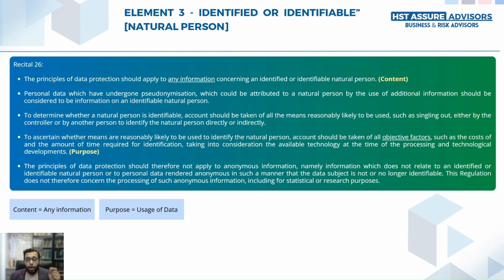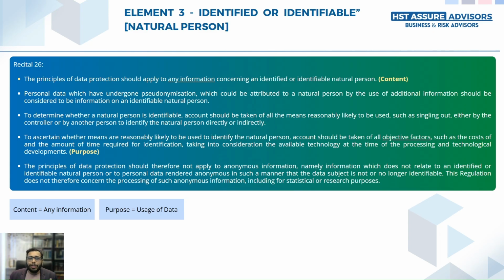Recital 26 also places an important focus on the objective factors for the identification of that natural person. For example, the time, the cost involved in the identification, the technology involved. So we need to consider that when I say identifiable, at what cost?